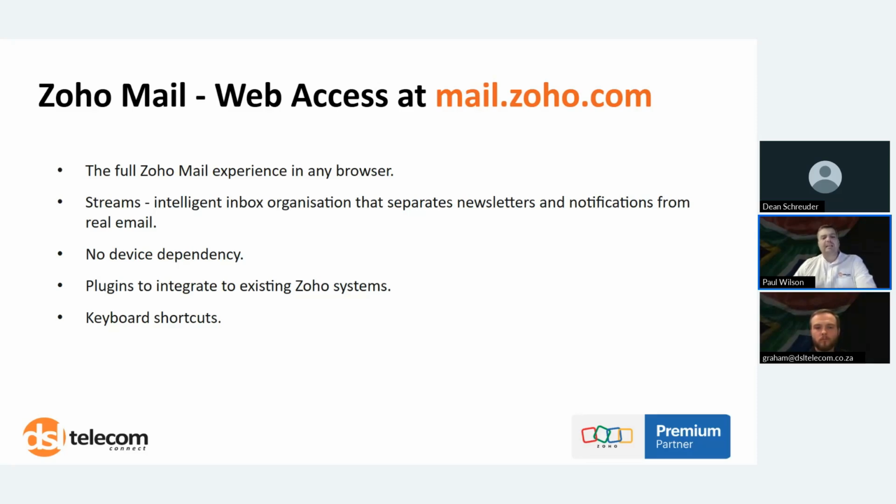Okay, plugins to integrate to existing Zoho systems. So we've talked quite a bit about the Zoho ecosystem and Zoho One and all the Zoho services, and Zoho Mail obviously integrates really well across all these services. So we've got widgets or plugins that sit on the right side of your mailbox, and these are connecting to other services.